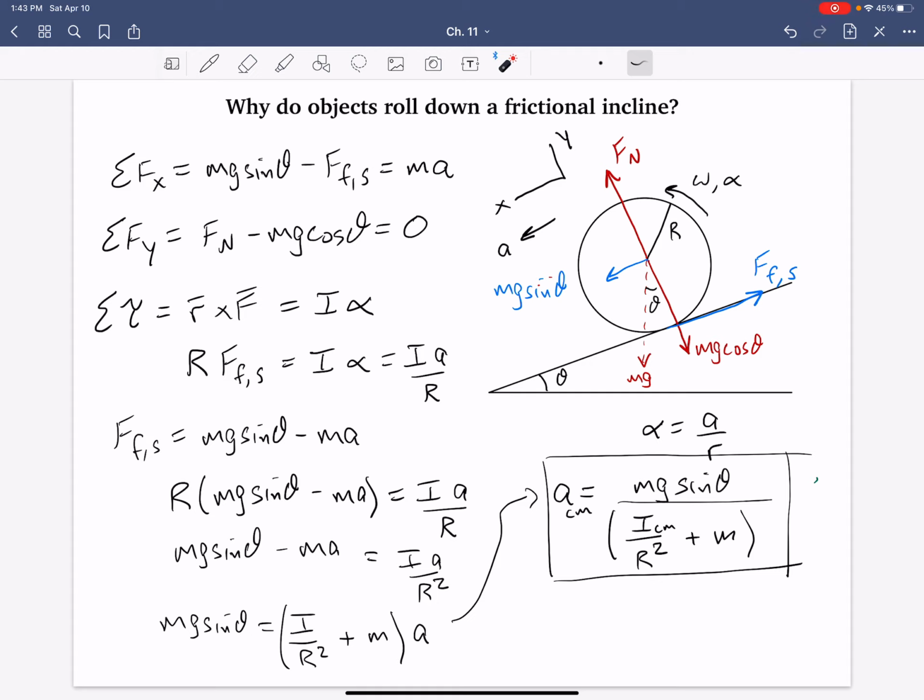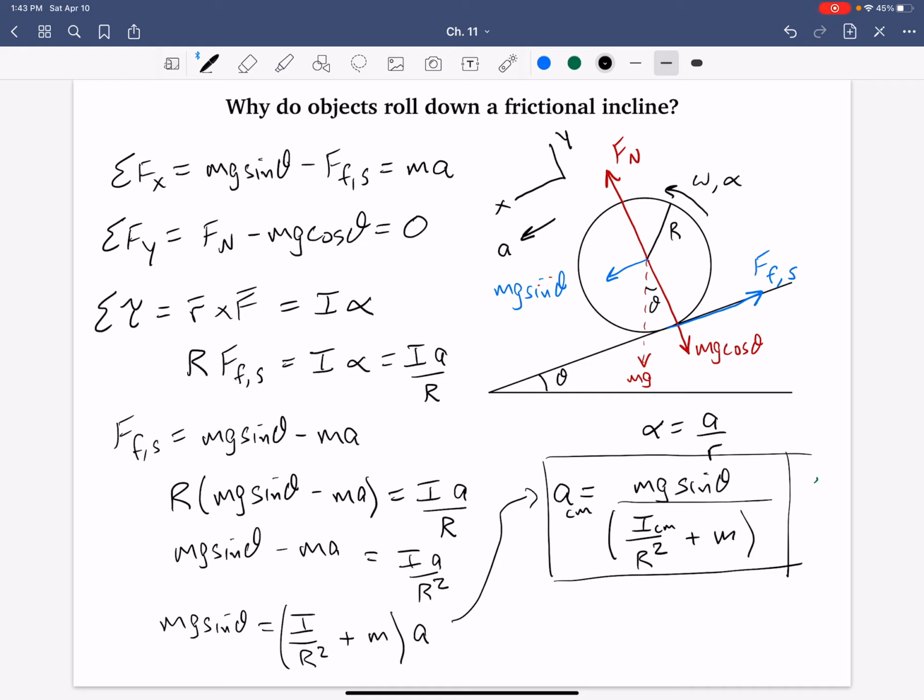Does the radius even matter, the radius of this object? Well, the radius, r squared, is embedded in I. It's always some coefficient times mr squared, and we're dividing by r squared. So whatever you have for I, the radius goes away. So that doesn't matter, right? So this equation should match our intuition in those respects, okay?